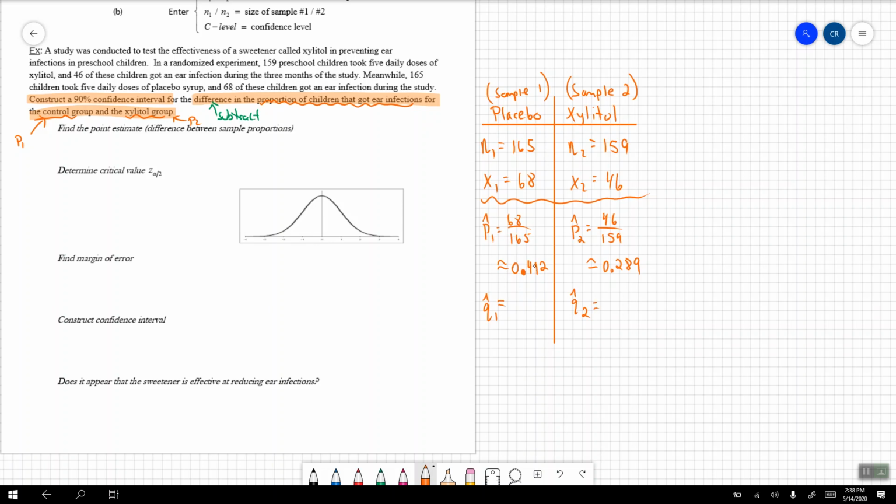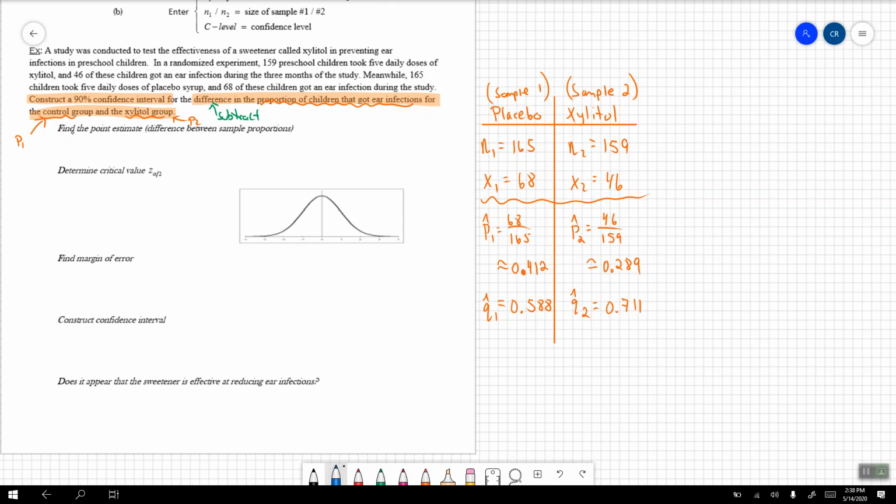If p hat 1 is 0.412, then the complement of that must be 0.588. And then the complement for p hat 2 should be 0.711. There we are. All right, so let's start answering the question.